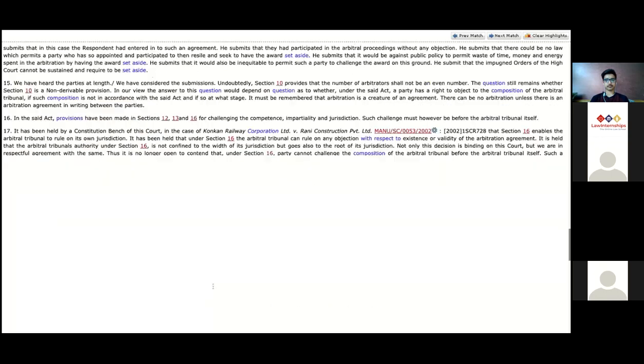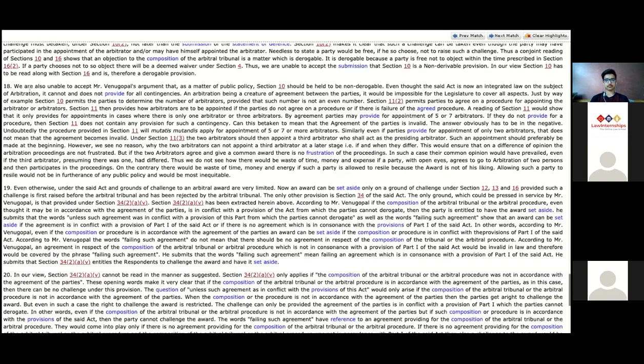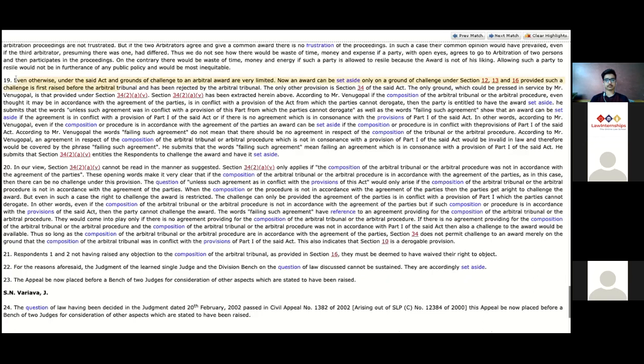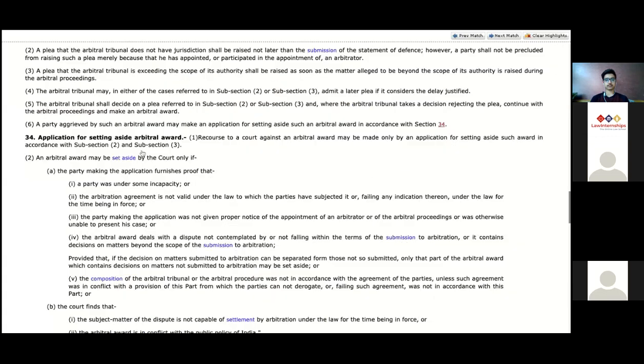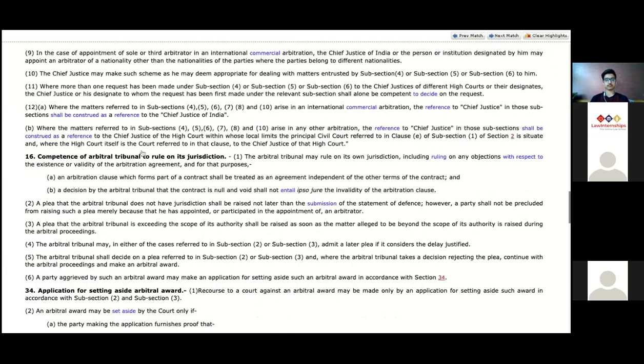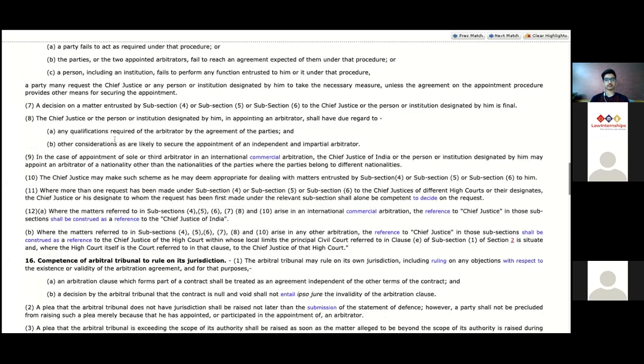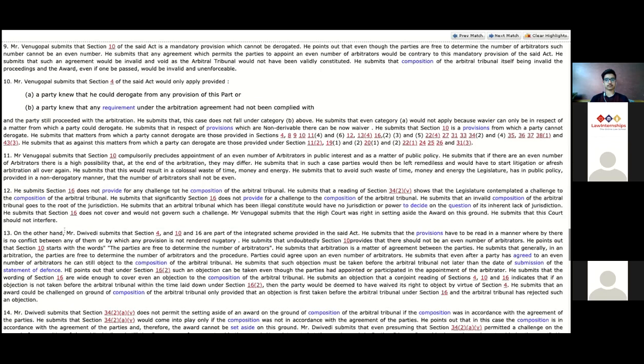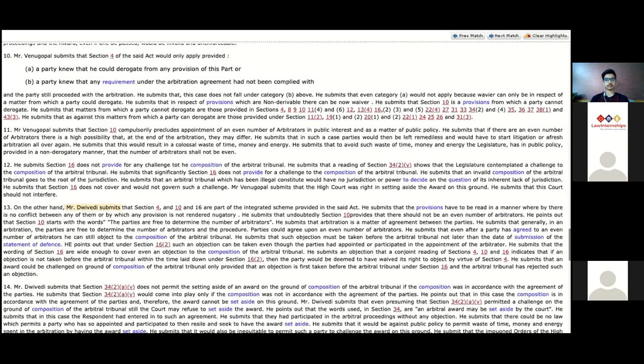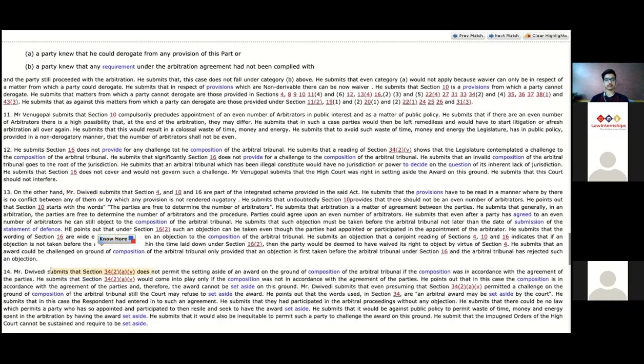You have to understand the court's observation: we are also unable to accept the submission. This is what the court was discussing. This is the court's contribution, in our view. Before that, whatever they were discussing was just a matter of what the counsels were saying, and they recorded it. On the other hand, Mr. Dwivedi submits, the other counsel submits.